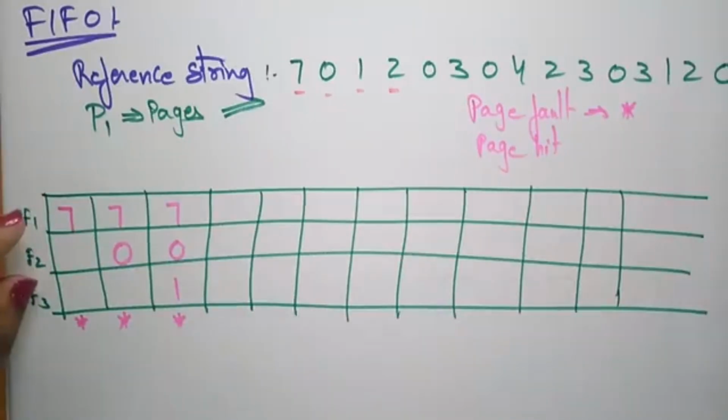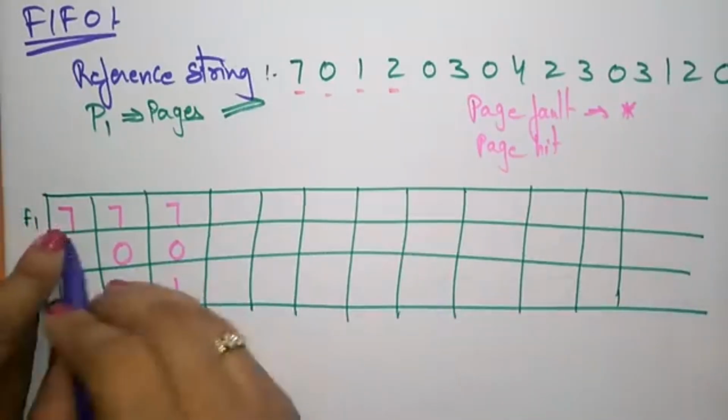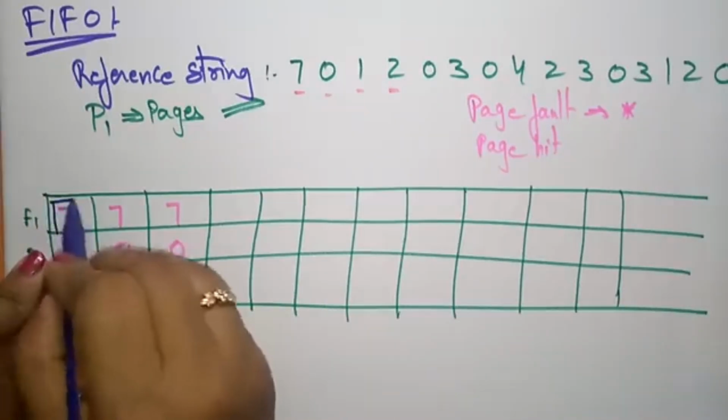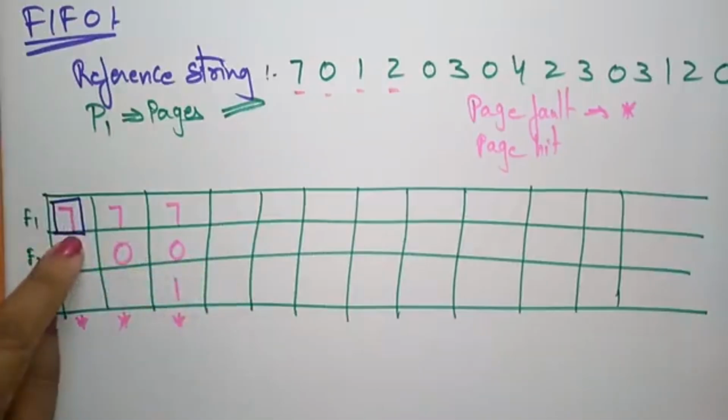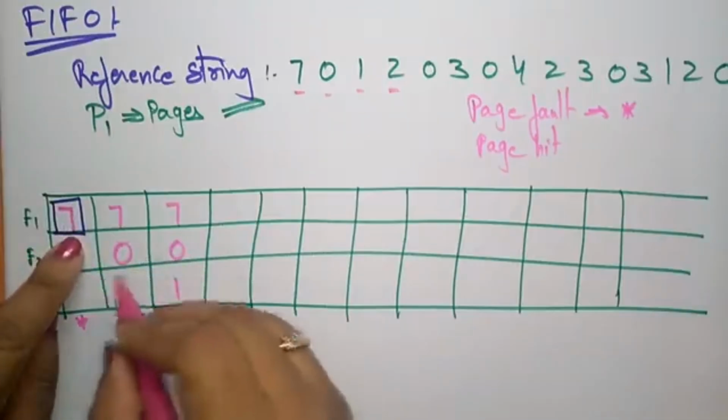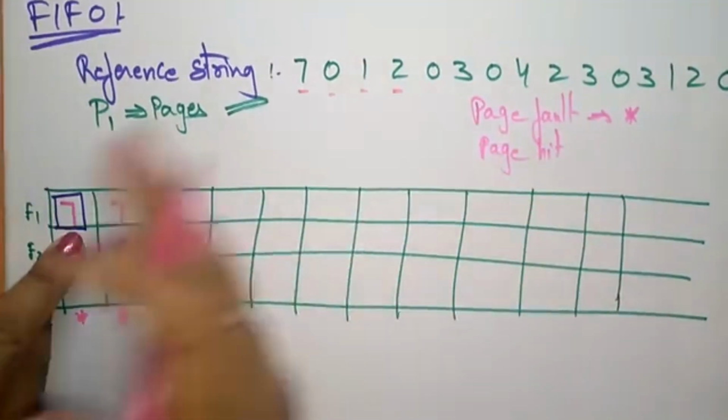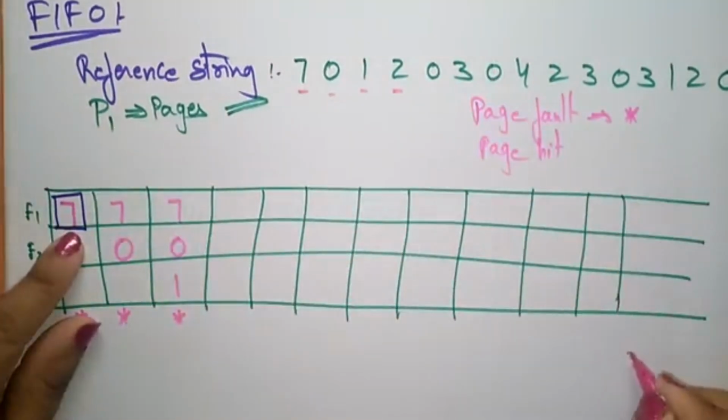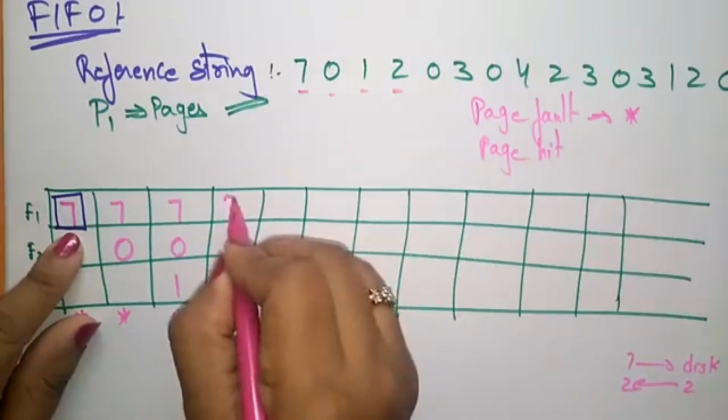What is the item that was placed first? The first item we placed in the memory is 7. So 7 has to be replaced. 7 is swapped to the disk, and from the disk the 2 is placed in the place of 7.